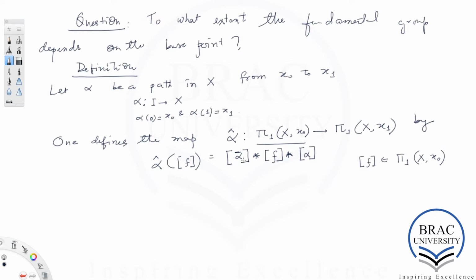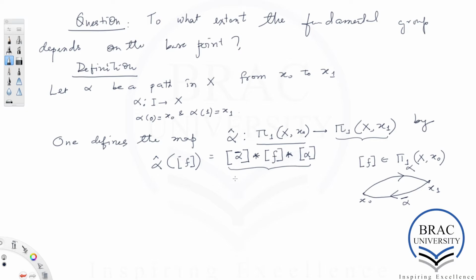Let's quickly check that this is indeed in this set. This is the point x0, this is the point x1. Alpha bar is the reverse of alpha. Alpha is from x0 to x1, and alpha bar is the reverse of alpha, which is the path from x1 to x0.